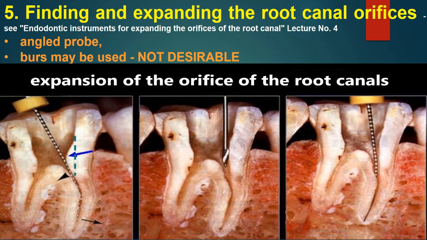Stage 5. Finding and expanding the root canal orifice by an Angelet probe; bores may be used but are non-desirable. And in the picture we see expansion of the orifice of the root canal.